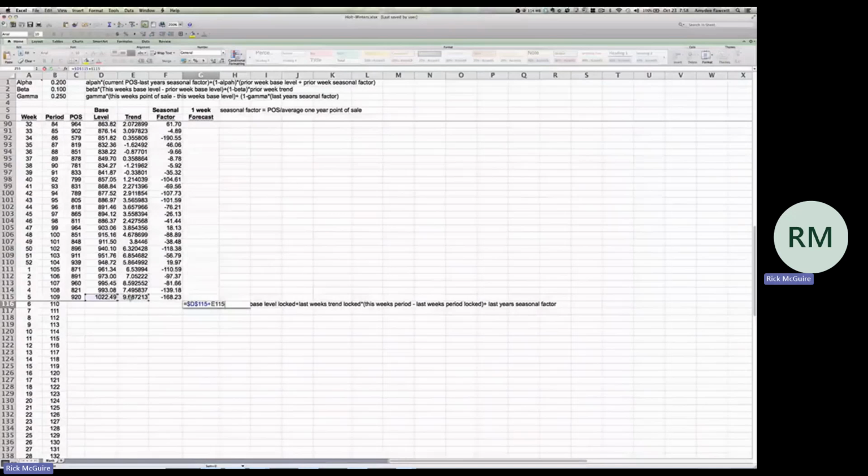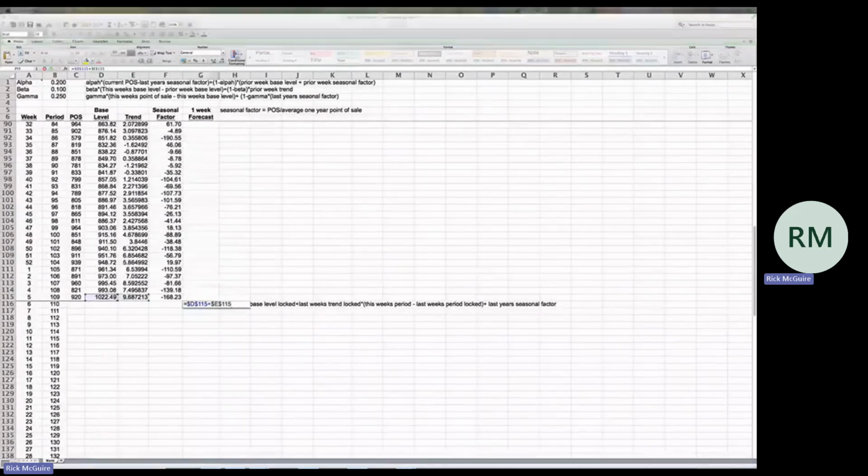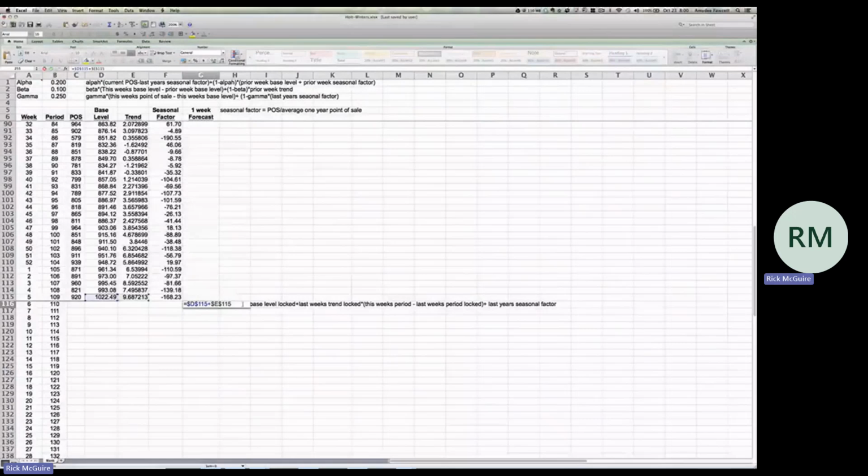Again, I'm going to lock in the cell reference because this is my most recent estimate for the trend component. So this is what I'm going to use for all subsequent forecasts. To that, I'm going to multiply this week's period minus last week's period, and I'm going to lock that.